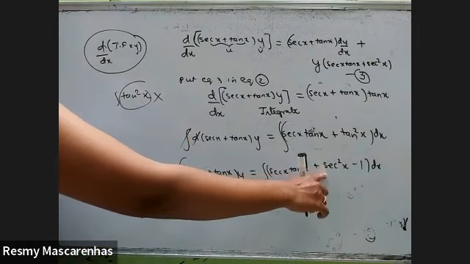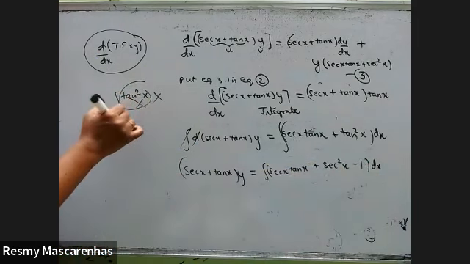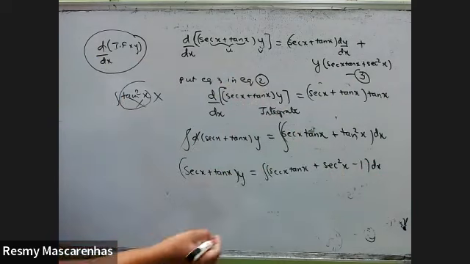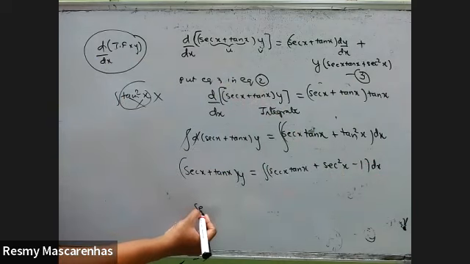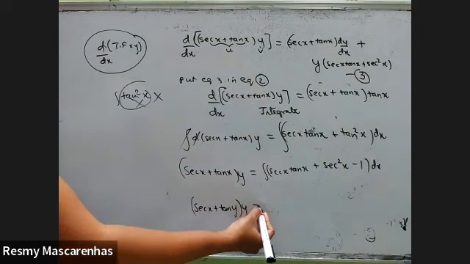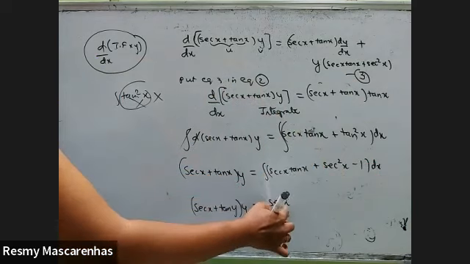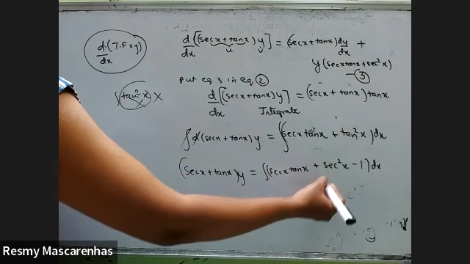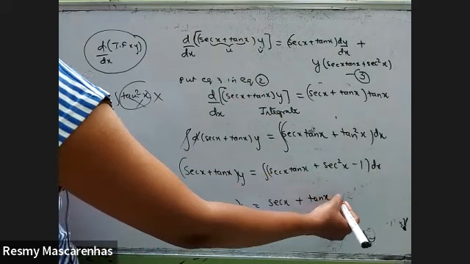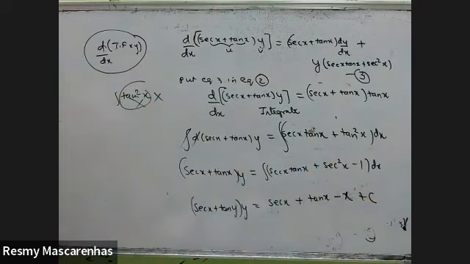The integral of sec square x I know, but tan square x is not there. So I have to convert it into this form and now integrate. Integral of sec x tan x is sec x. Integral of sec square x is tan x. Integral of 1 is x. That's the answer.